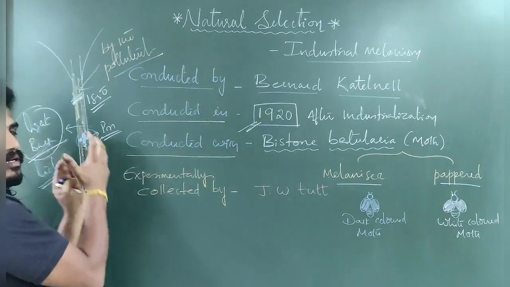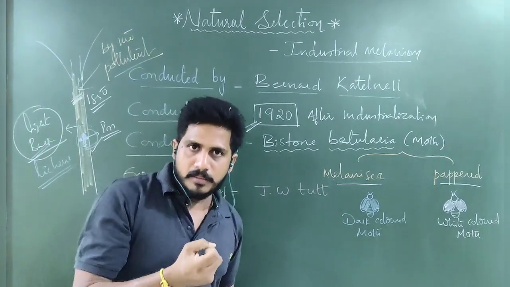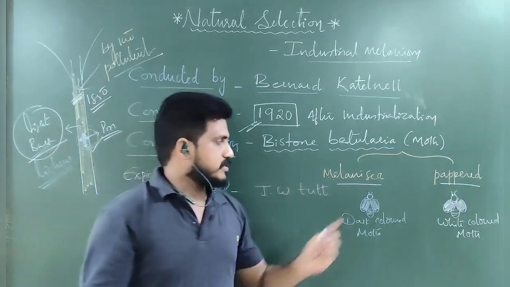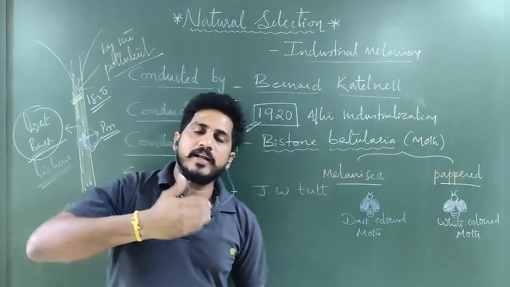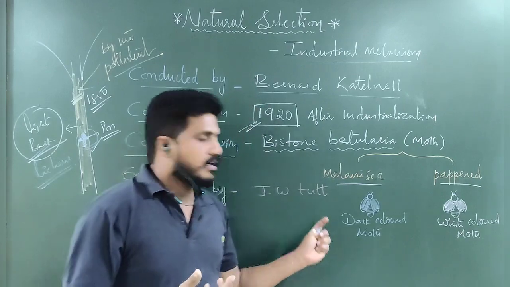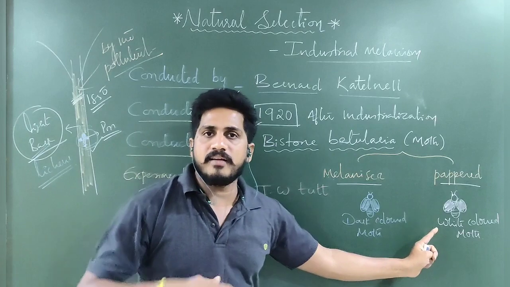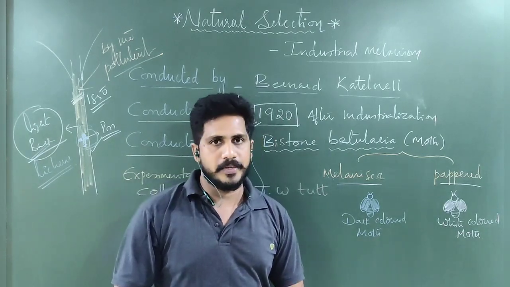Because of this dark background, the melanic moths, nothing but dark moths, due to the same color, escape from the predators, whereas the white peppered moths easily appear. Then when urbanization takes place, which color of moths is increased? Dark is increased. But in 1850, which color moths were very common? White, or peppered, moths were common, able to escape from the predators.